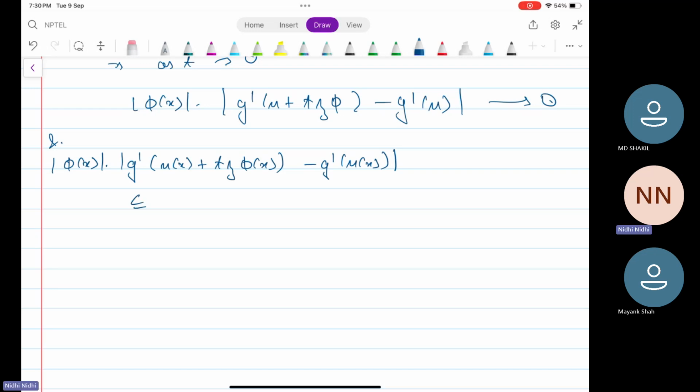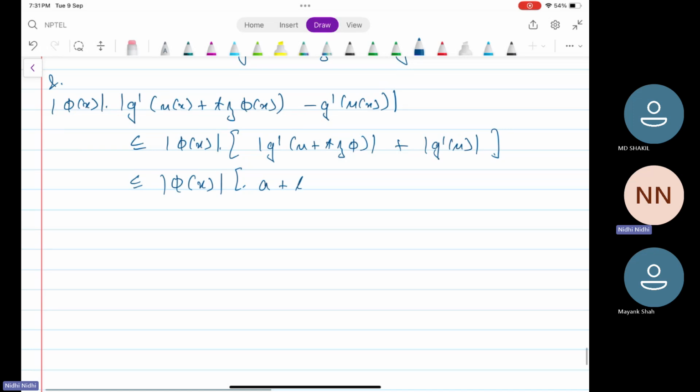now we are using the growth condition on g'. By the triangle inequality, step by step, this is less than or equal to |φ(x)| times |g'(u + tφ)| plus |g'(u)|. Now we use the growth condition on g'. This will be a plus b|u + tφ|^(p-1) plus a plus b|u(x)|^(p-1).